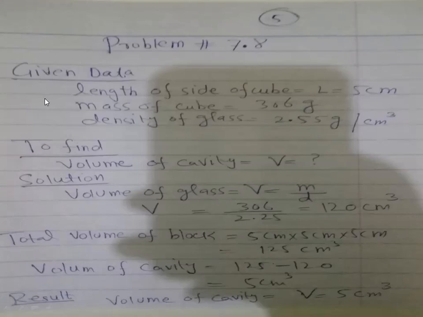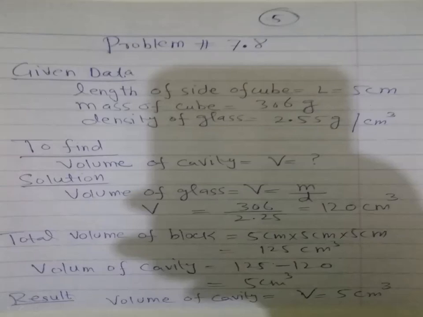I repeat, three things were given to me: length of the side of the cube, which is 5 centimeter, mass of the cube, 306 gram, and density of glass, 2.55 gram per centimeter cube.